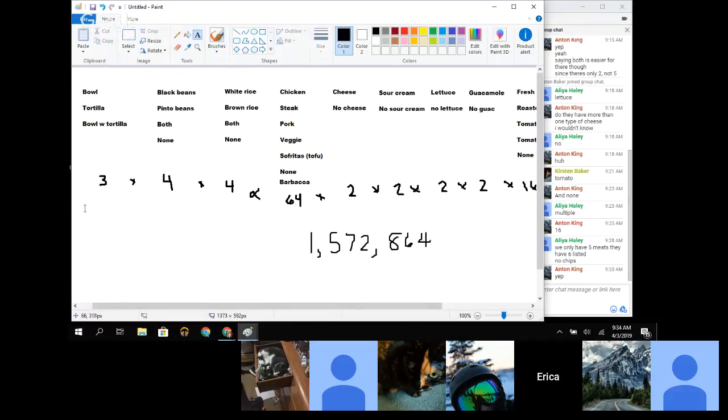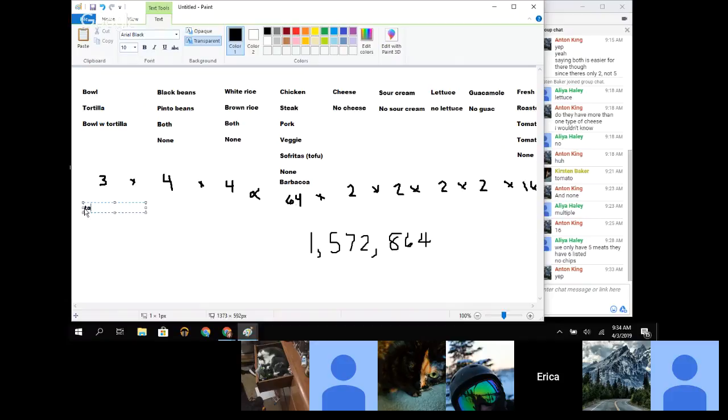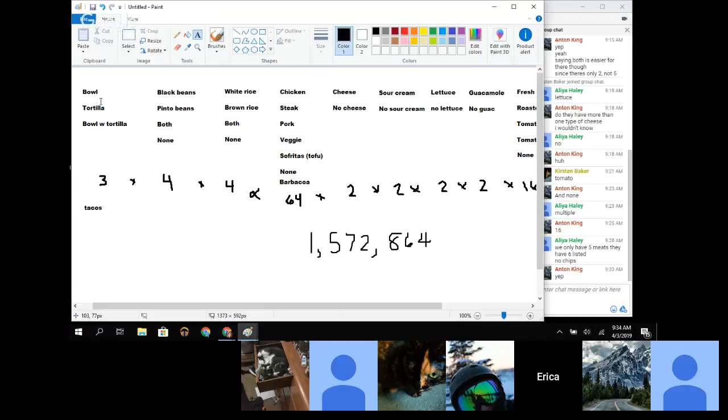If you would have counted, let's say down here, we would have counted tacos as a different flavor combination, right? I mean, technically it's a different way. I don't know if tacos taste different than a tortilla, probably the ratio of food. If we would have counted tacos as a flavor combination, hold on, I make sure I have my math in here right.